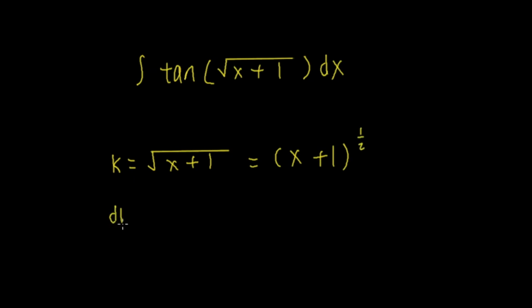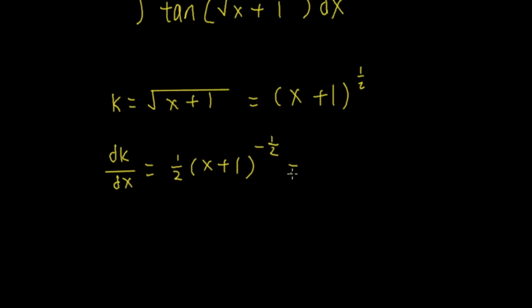Now, dk over dx is equal to 1/2 times x plus 1 to the power of negative 1 over 2. And this is also equal to 1 over 2 times square root of x plus 1, because the negative exponent puts this term in the denominator.